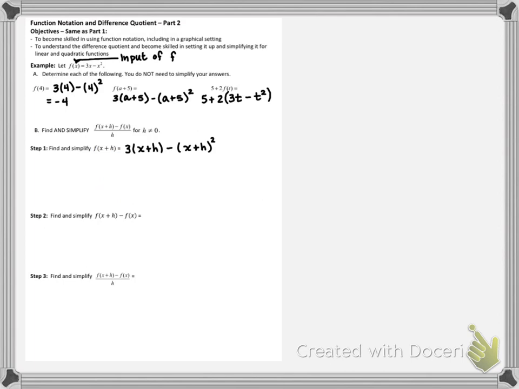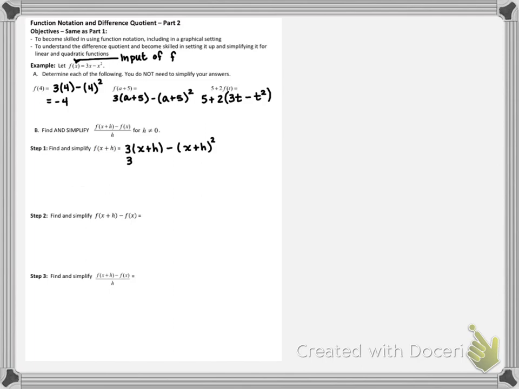So now let's simplify. We have to be careful with that x plus h squared because notice we're also subtracting. So there are 2 things we have to do to get rid of parentheses. We have to distribute x plus h times x plus h, but then we also have to distribute the negative. So when we multiply x plus h times x plus h, we're going to keep it in parentheses because I haven't yet distributed that negative.